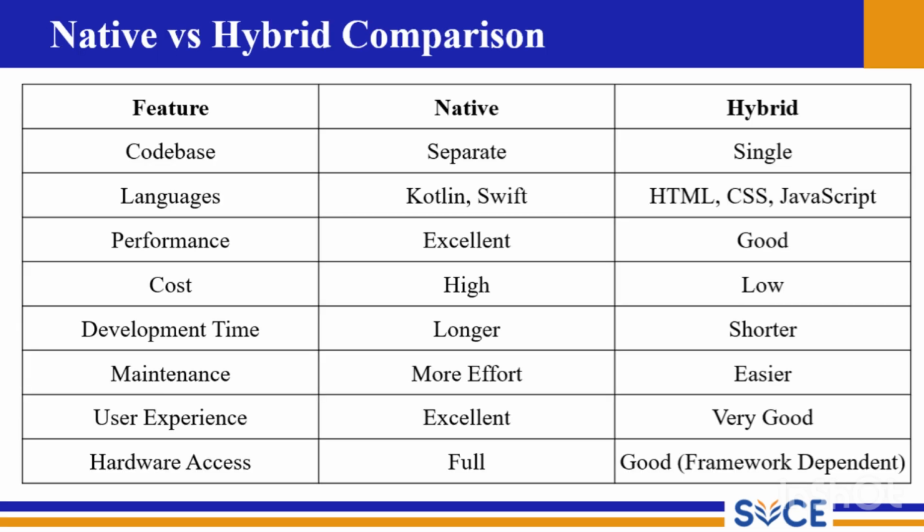This table summarizes the key differences between native and hybrid development. Native applications offer the best performance, complete hardware integration, and platform specific user experiences, but they require separate code bases and higher investment.